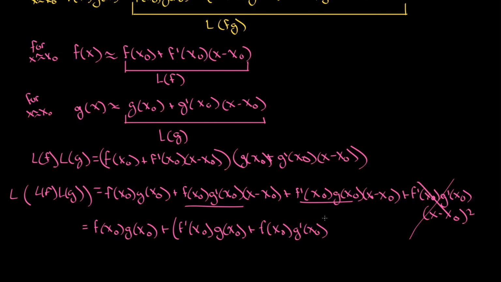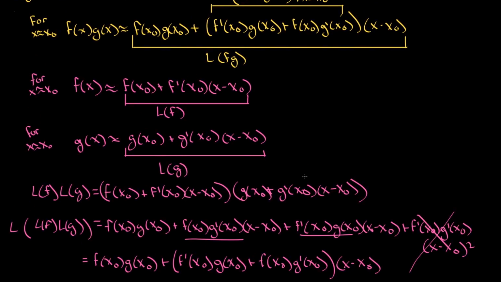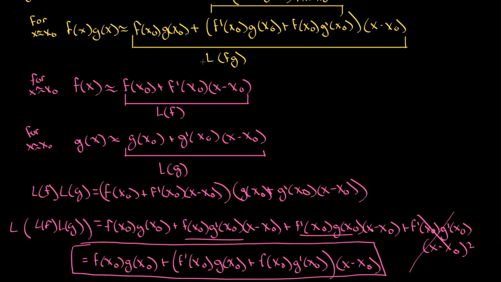And then we factored an x minus x naught out. So we have an x minus x naught out here. And this right here, let me see if I can scroll up and get them both on. This right here is exactly what we got up here in yellow, L of f times g. So we got the same answer and we've proven this equality now.